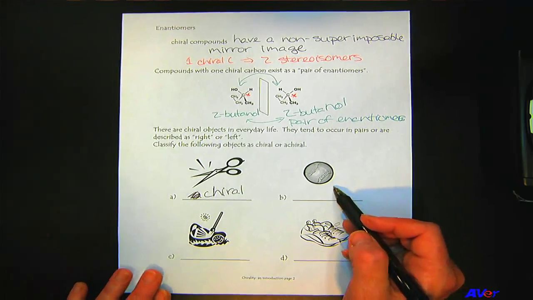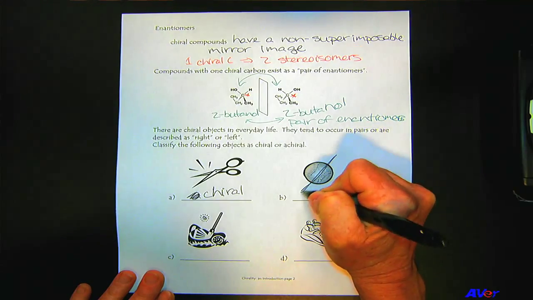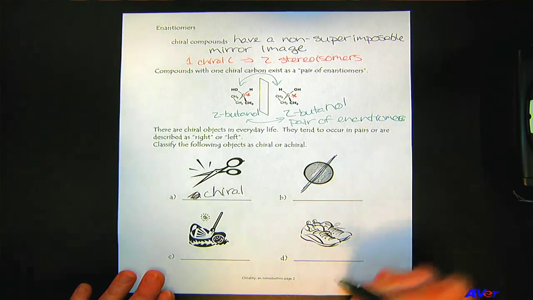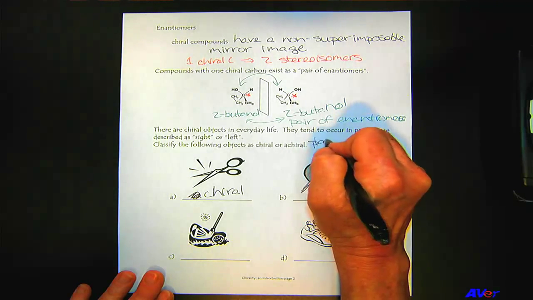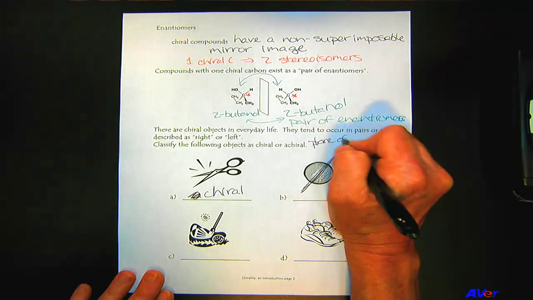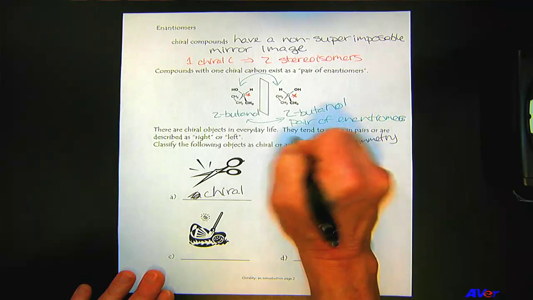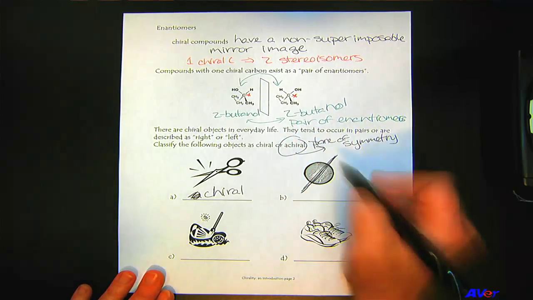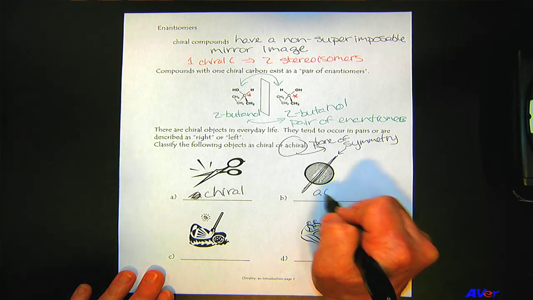If we look at a baseball, this is another way. You can think about non-superimposable mirror images, or we can think about having a plane of symmetry. Achirals have a plane of symmetry. So if we look at a baseball, we have a plane of symmetry, so it's achiral.